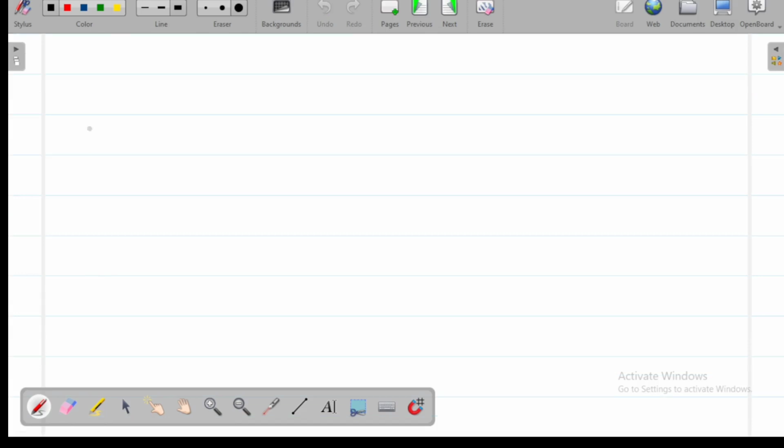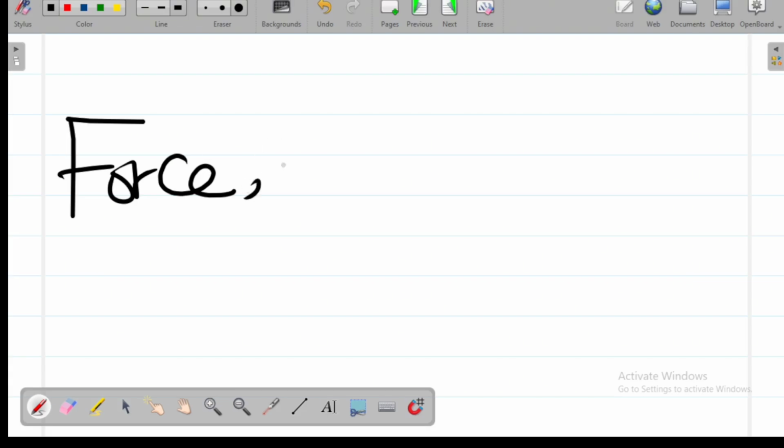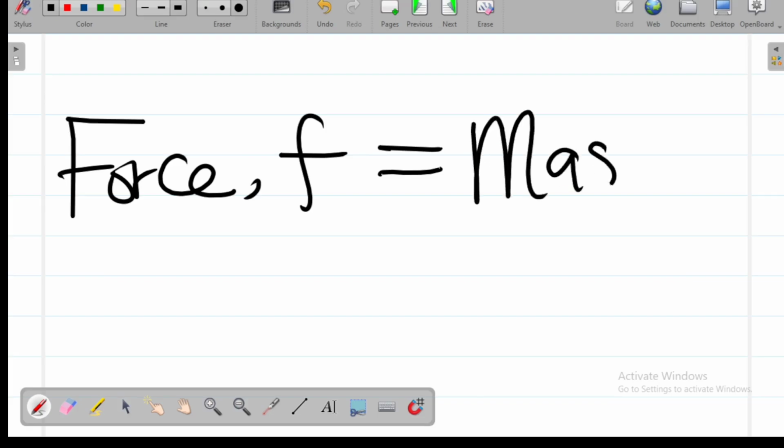Finally, we have force. Force is a derived unit and its abbreviation is F. The formula for force is mass multiplied by acceleration.